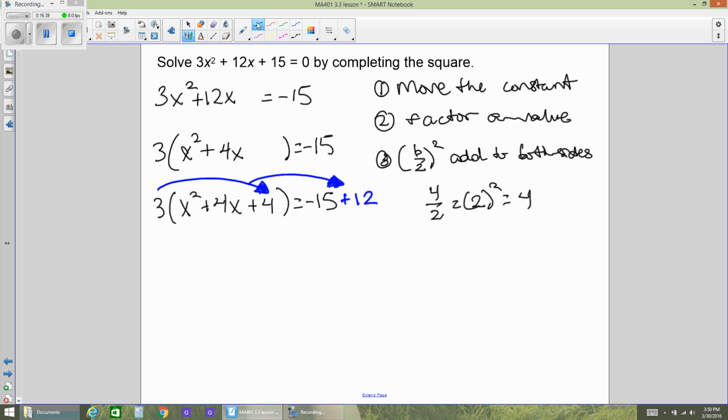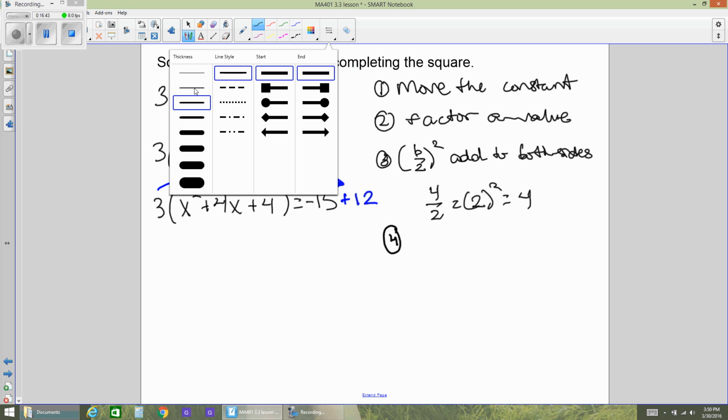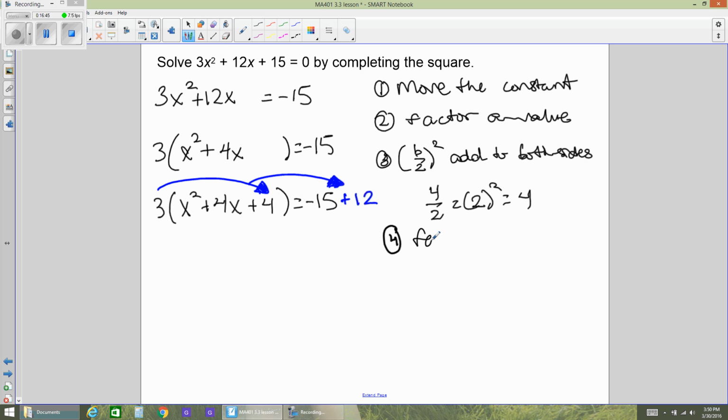Okay, so step 4 is to factor and simplify. 3 times the quantity x plus 2 squared equals negative 15 plus 12.